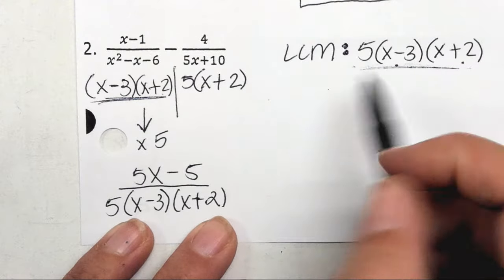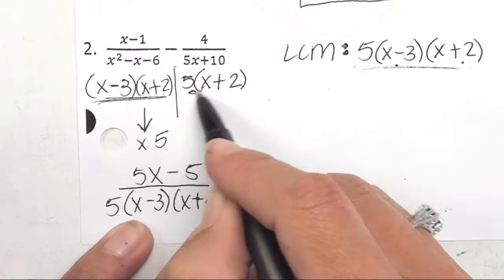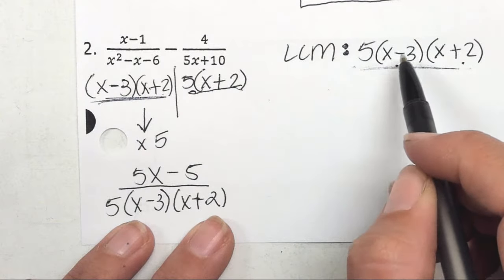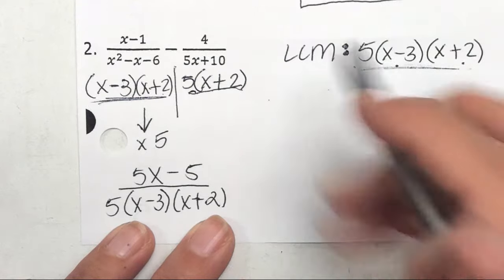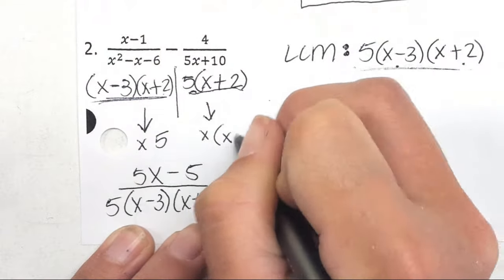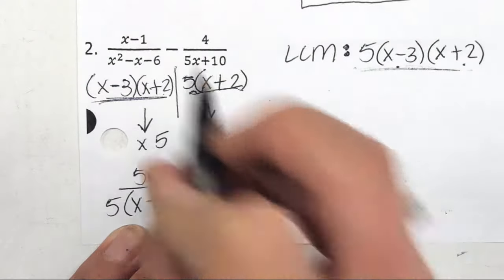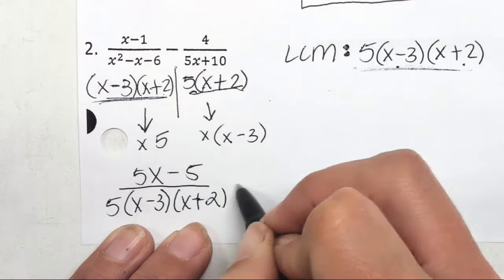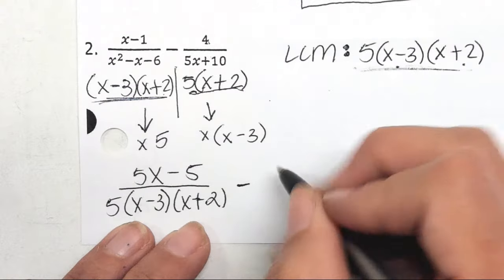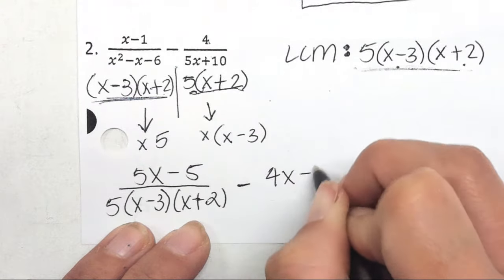So now if we're looking at this denominator, the 5x plus 2 compared to our LCM, what's it missing? The x minus 3. So what do I need to do with that? Everything by? Good. So what would the top be? I'm going to bring down this minus sign. What would I have if I did 4 times x minus 3? Perfect.